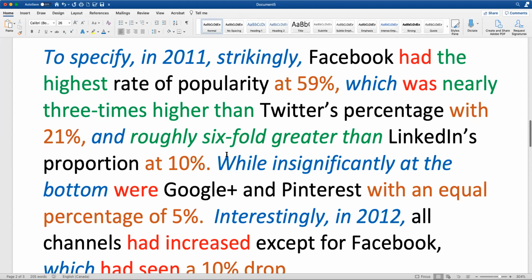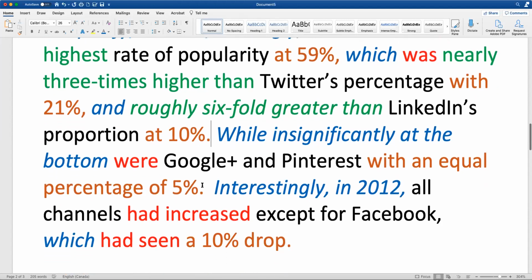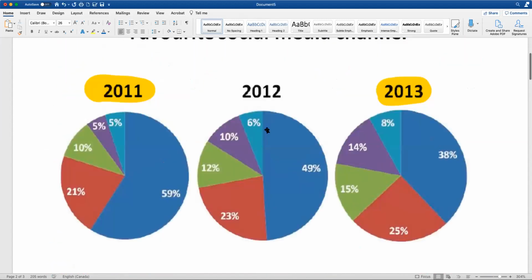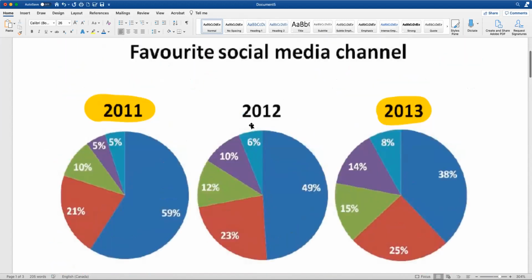Okay, so we're talking from highest to lowest. And the next two, Carolina? While insignificantly at the bottom were Google Plus and Pinterest with an equal percentage of 5%. So those two were at the bottom for 2011. And then we just remember the year that's in between, it's not the most important year.